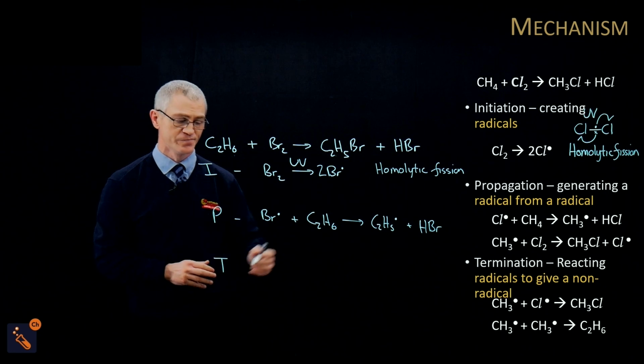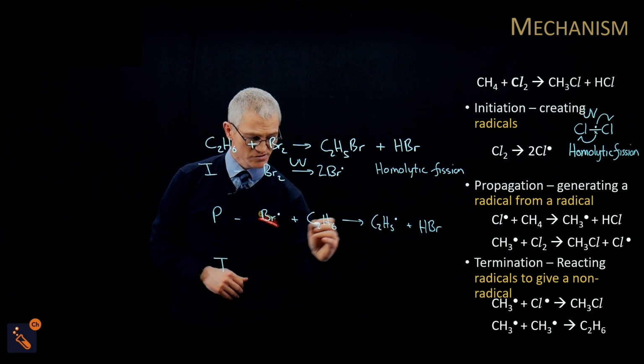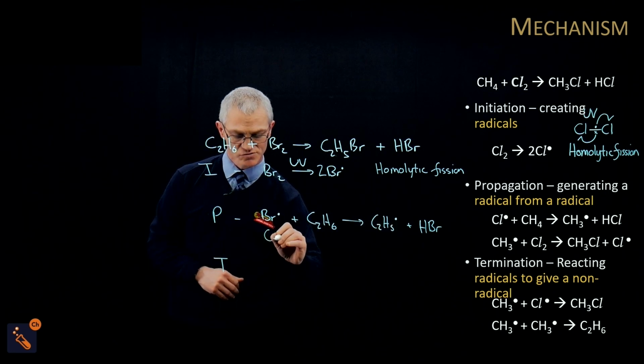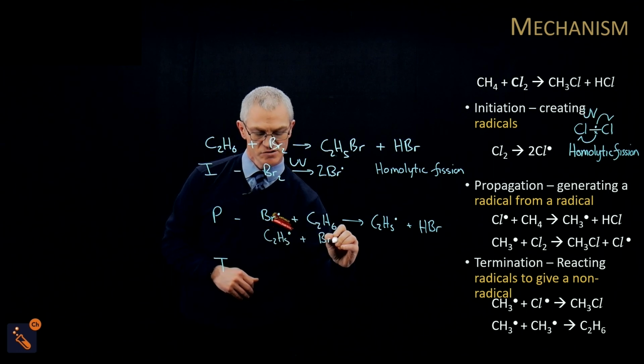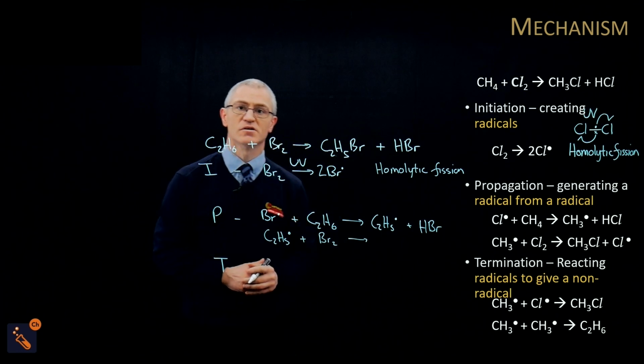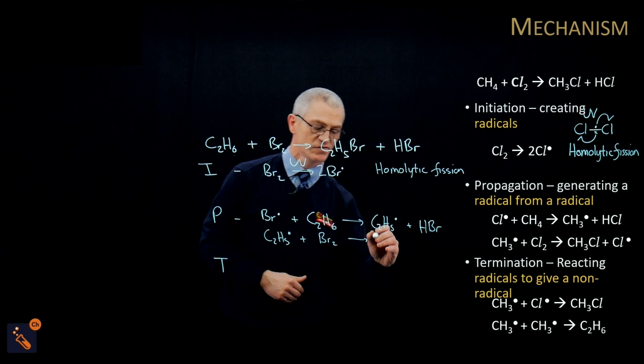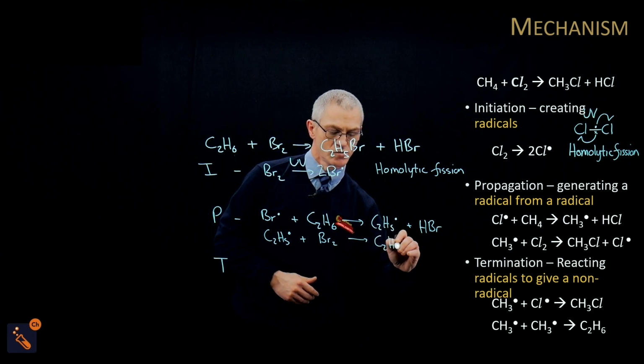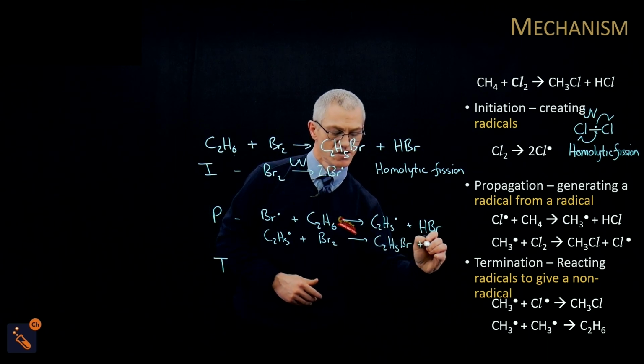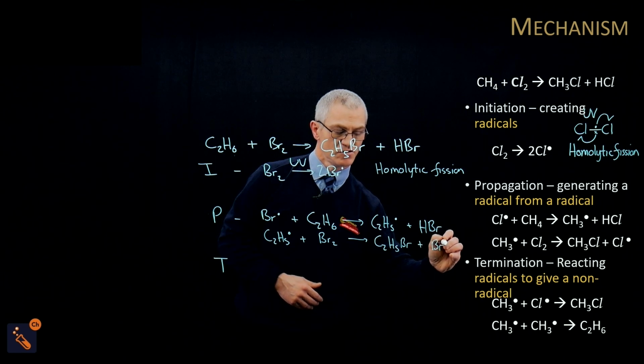So that's our first one. We then go to the next one. We say, right, this radical, because the radicals always react, dot, then with Br2. Okay. Now with that Br2, the Br reacts with this C2H5. Okay, and then it leaves me with a Br dot.